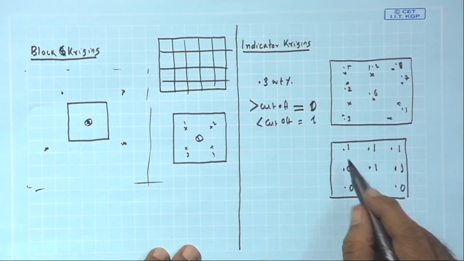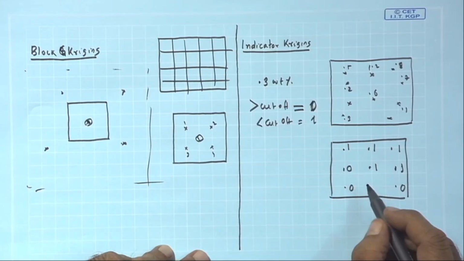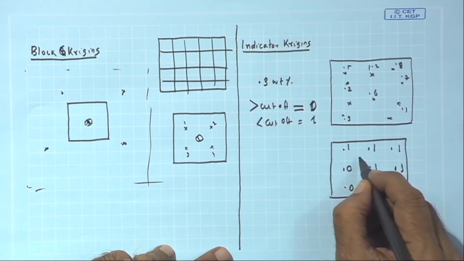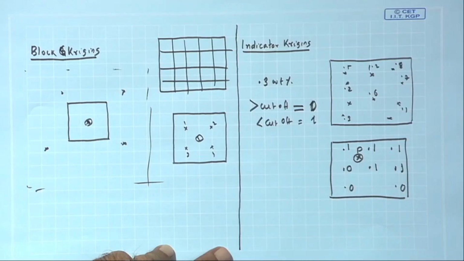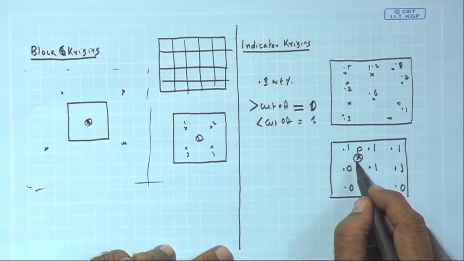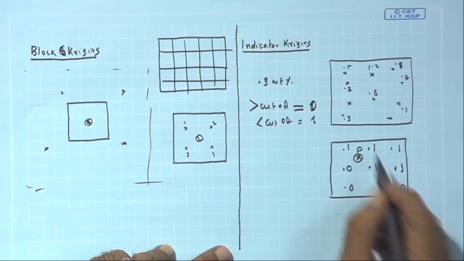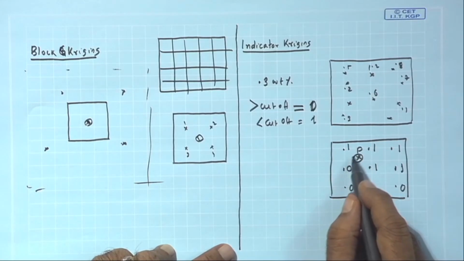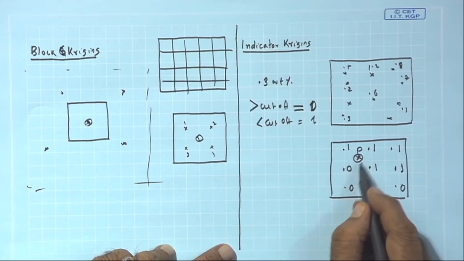So now it almost boils down to the situation that if we want to do the Kriging operation for any particular unknown point P here, we would only be asking ourselves whether the grade here would be above the cutoff or below the cutoff. That means it will be something like finding out the probability for the grade to be greater than cutoff or less than cutoff.